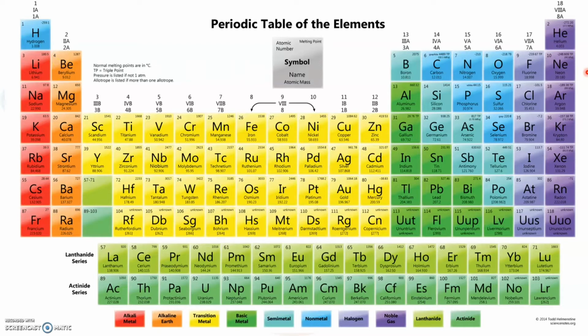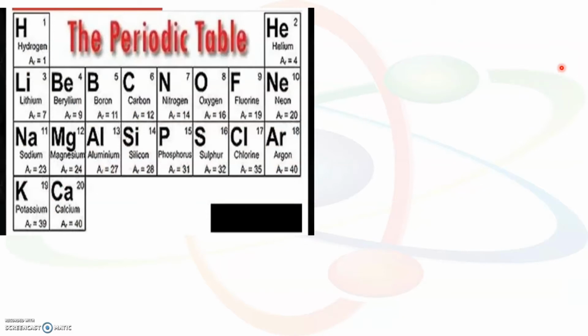So as I have told you, in the periodic table of elements, the elements are arranged in the increasing order of their atomic numbers. In this chapter, we are going to learn only about the first 20 elements of the periodic table, that is, starting from hydrogen till calcium.